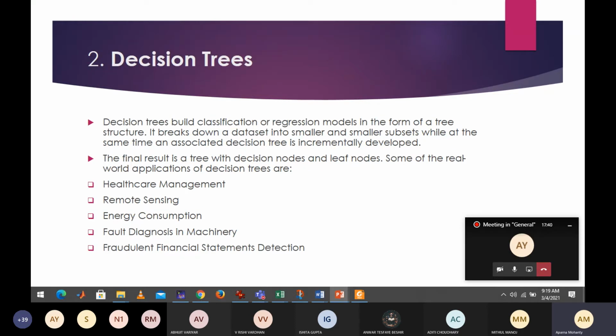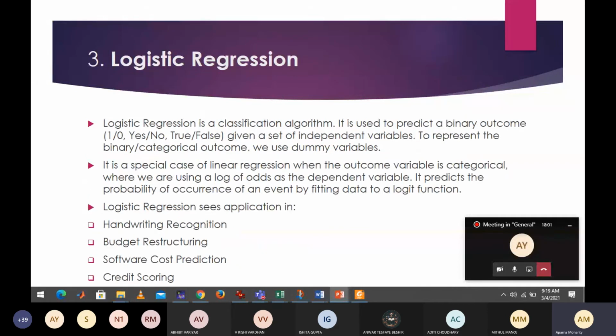Next is decision trees. Most of you might have used decision trees too. You use them for classification, regression, and all these things. Generally decision trees come in healthcare management, remote sensing, and fault diagnosis. This is also a predictive analysis tool.